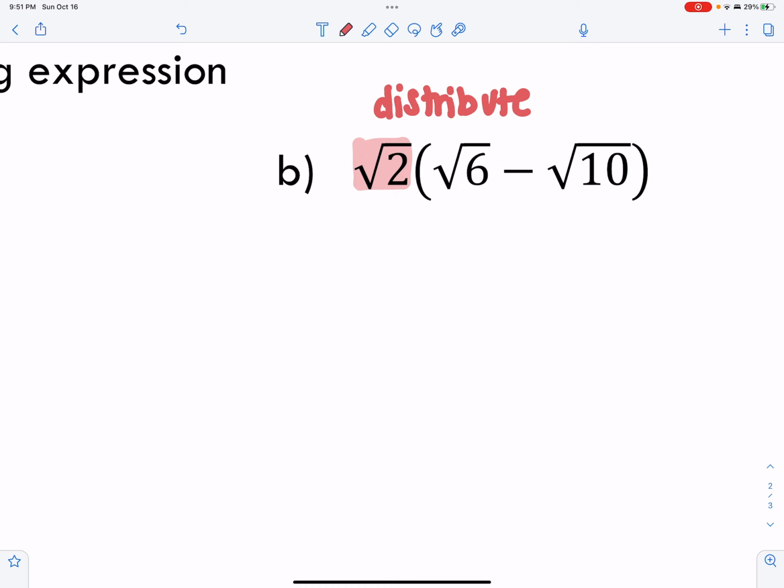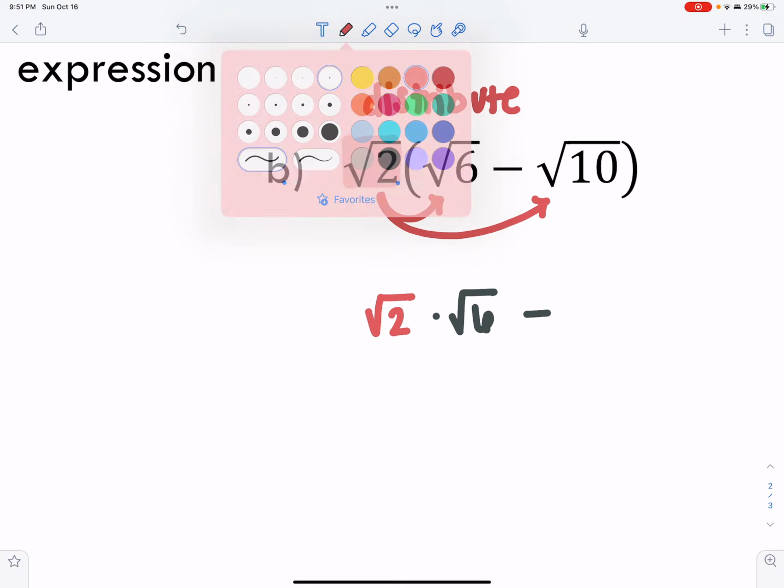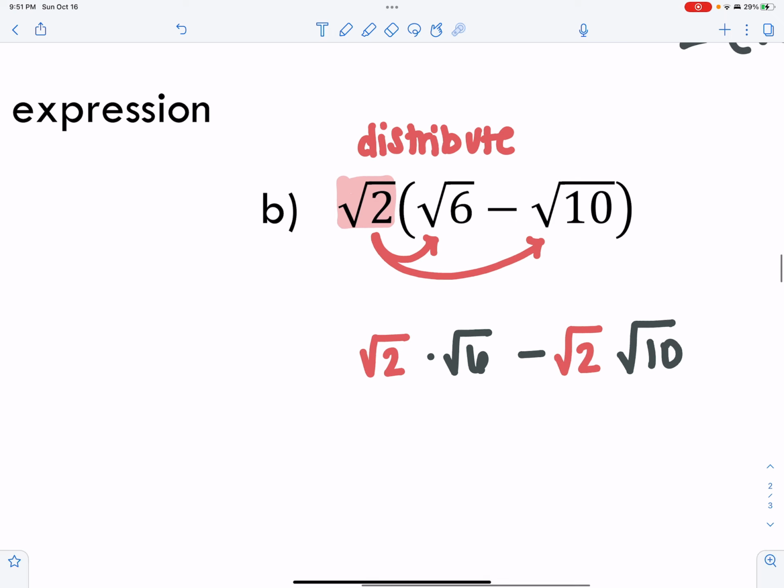And so what that's going to look like is each number, I'm going to put a square root 2 multiplied. Now I did a little weird order here. So notice that subtraction sign.